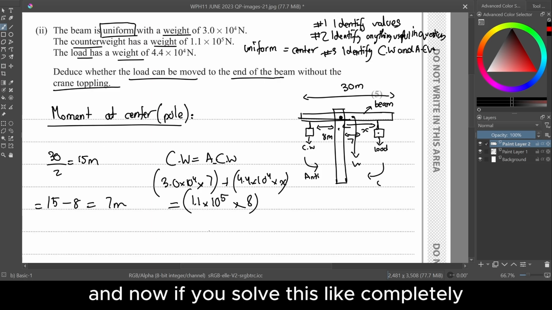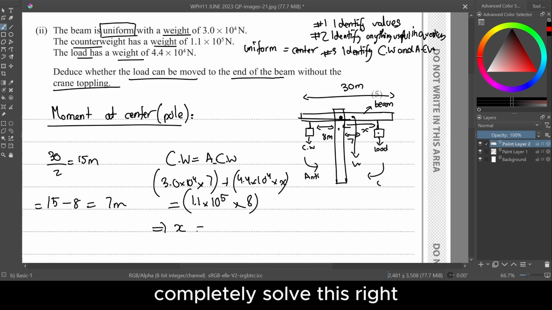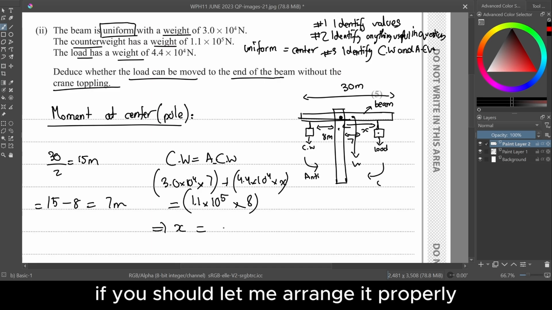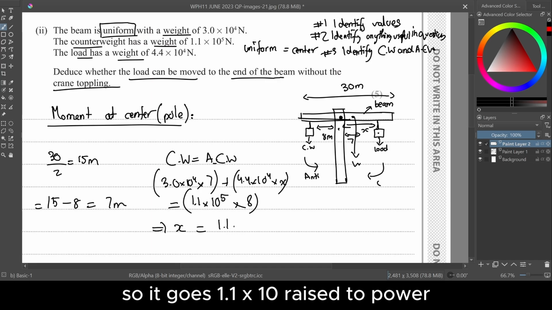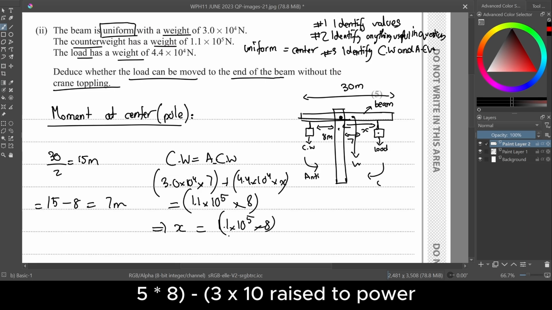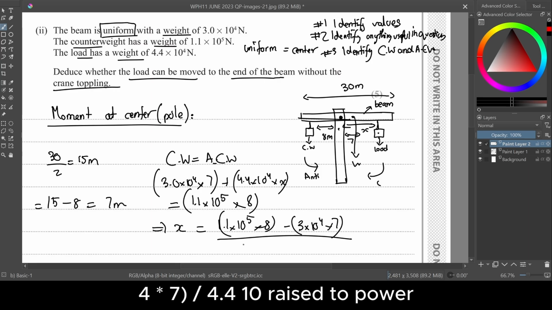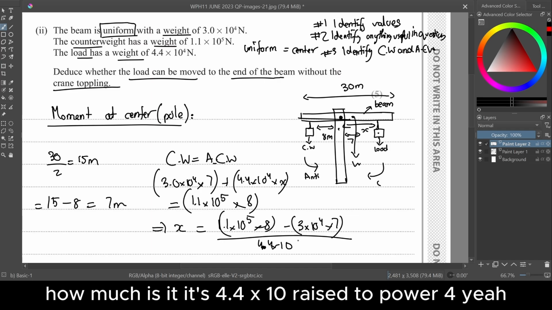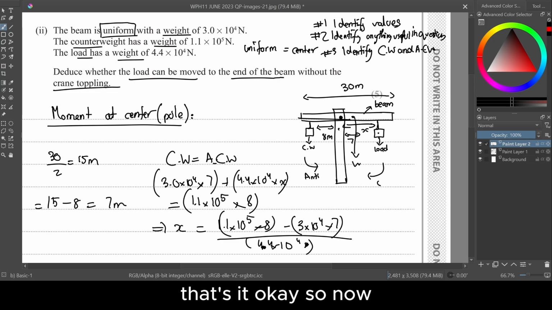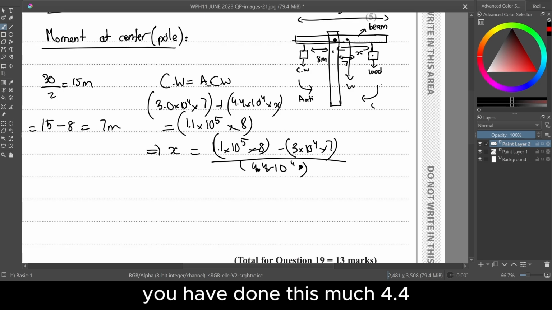Now let me arrange it properly and then we will write the answer. So x equals 1.1 times 10 raised to power 5 times 8 minus 3 times 10 raised to power 4 times 7, divided by 4.4 times 10 raised to power 4.